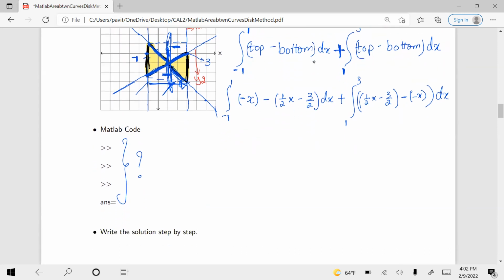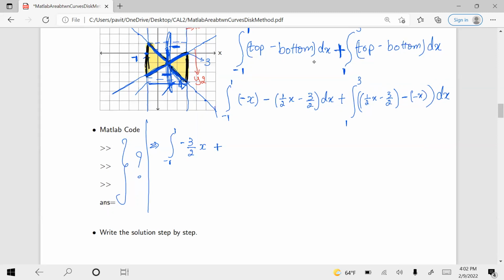Okay, now we are going to simplify this. From -1 to 1, -x, negative half x, that is going to give you 3/2 into x, and then positive, because minus into minus is plus, 3/2, and then you're going to integrate this function, right? Plus 1 to 3. Now half x plus x will give you positive 3/2 into x.